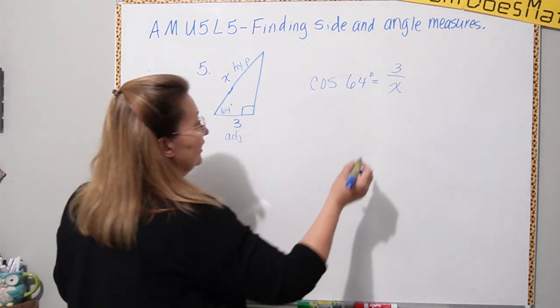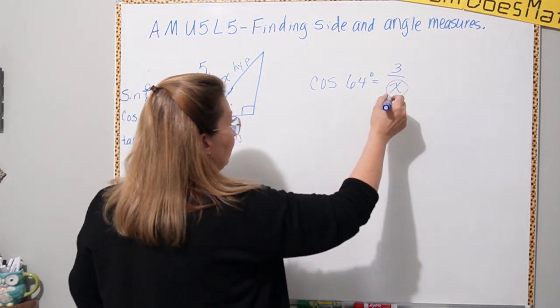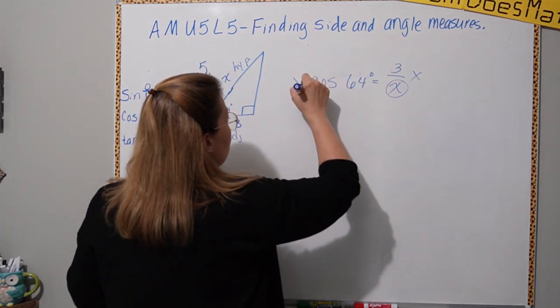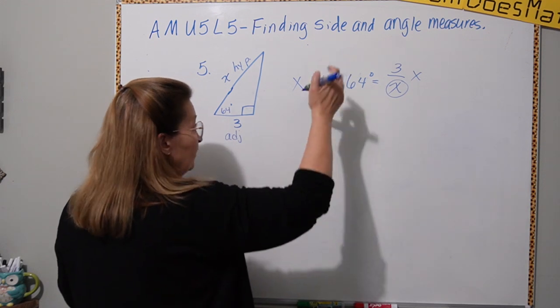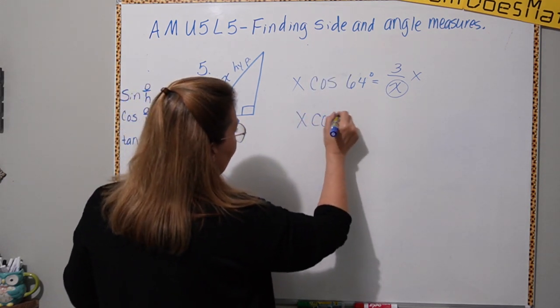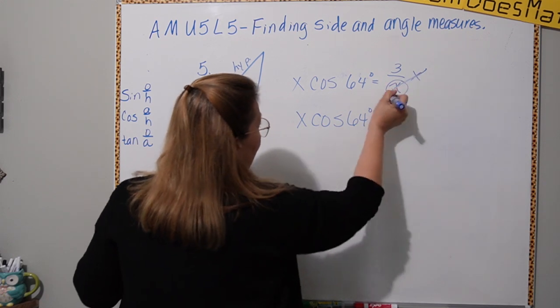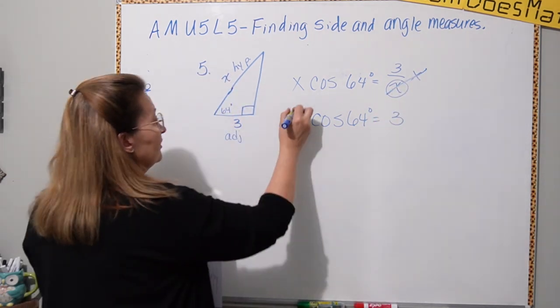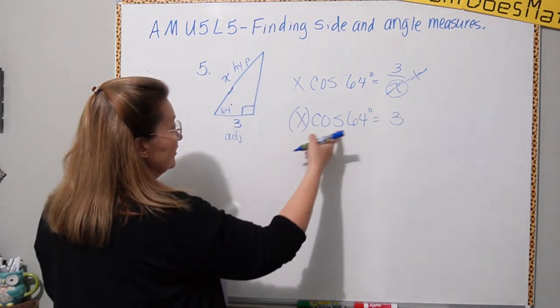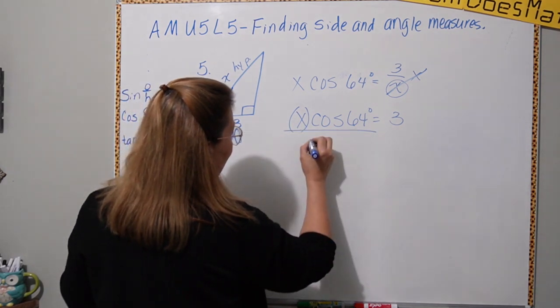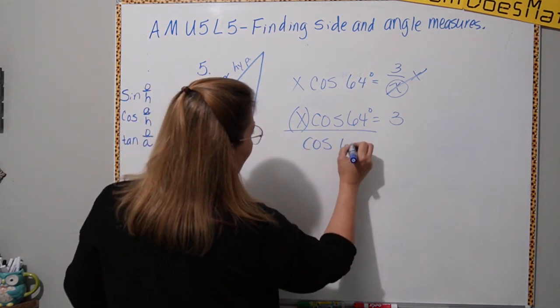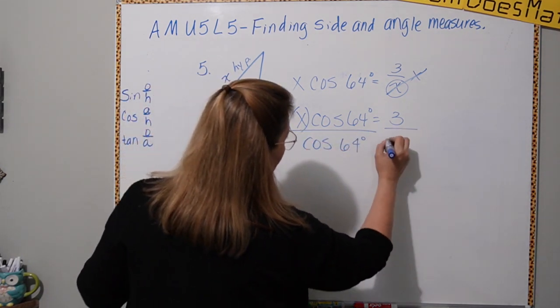Now we're just solving for x. Since it's in the denominator, the first thing I'm going to do is multiply by it on both sides to get it up from the denominator. And those cancel. Now, I want x by itself. It's multiplied by cosine of 64, so I'm just going to divide by cosine 64 on both sides.